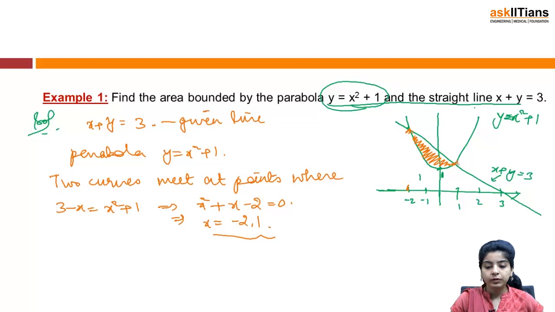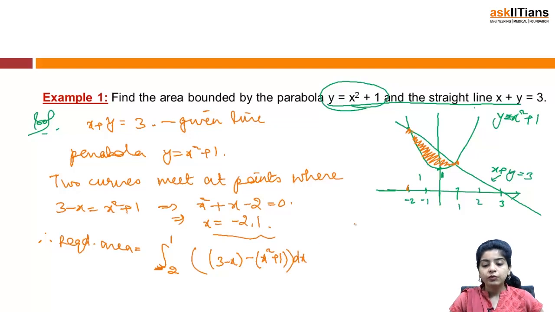So we have found out the points of intersection, that is minus 2 and 1. Now the required area would be integral from minus 2 to 1. You know the limits, and what would be the function? The curve would be (3 minus x) minus (x square plus 1) dx. We are required to find this area, the formula is integral a to b y dx.